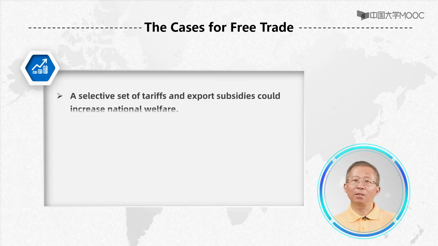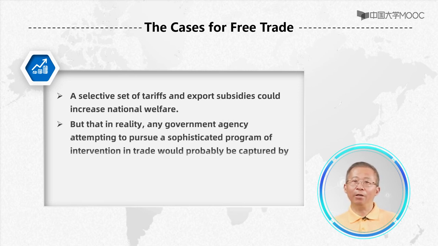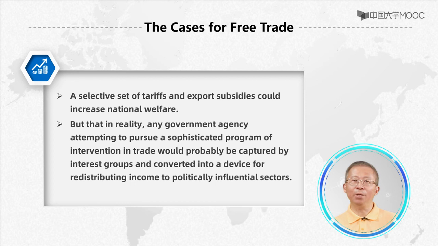Economists can sometimes show that in theory, a selective set of tariffs and export subsidies could increase national welfare, but that in reality, many government agencies attempting to pursue a sophisticated program of intervention in trade would probably be captured by interest groups and converted into a device for redistributing income to politically influential sectors.